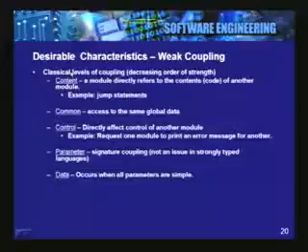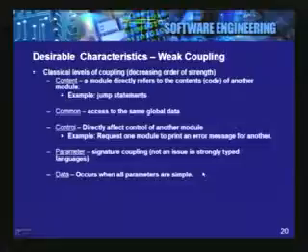So the desirable characteristics of modules are, we said it needs to have a low degree of coupling and a high degree of cohesion. What does it really mean? There are different levels of coupling within software that we can see, and this chart lists it in the decreasing order of strength, which means that what you want is the lowest level of coupling, right?